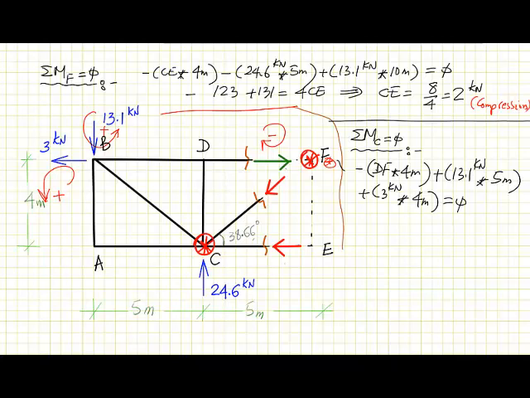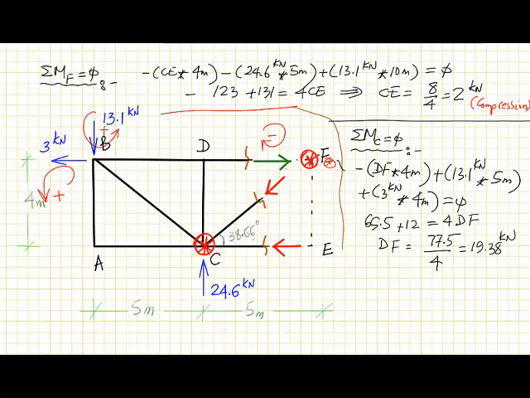Let's calculate the value. Actually, we can take this to the other side, so 13.1 multiplied by 5 is equal to 65.5, plus 12 is equal to 4 DF, and DF is equal to 77.5 divided by 4, which is equal to 19.38 kilonewton.